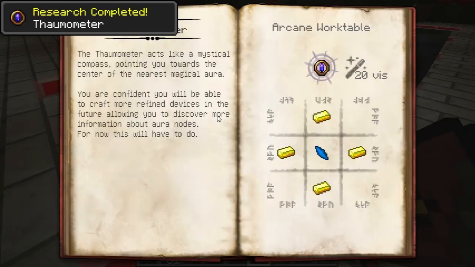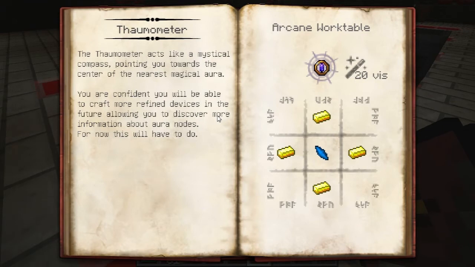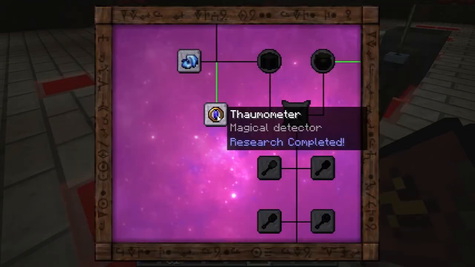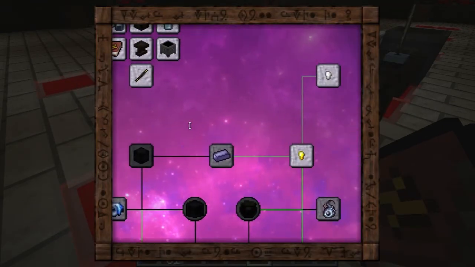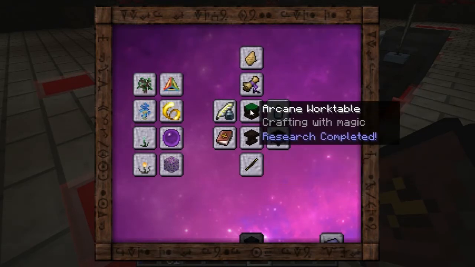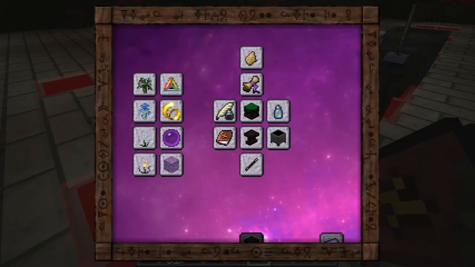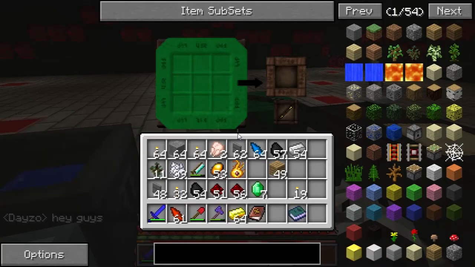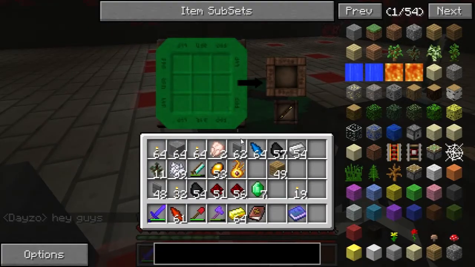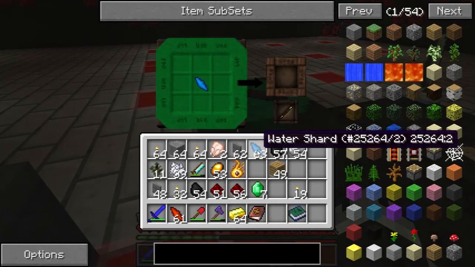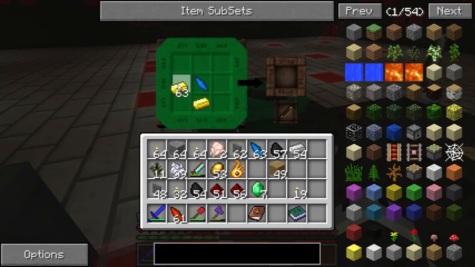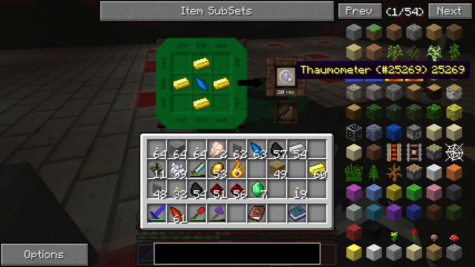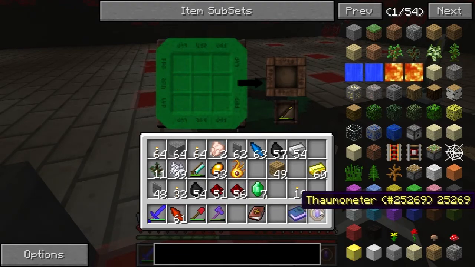Okay, so what is an arcane workbench? Is that something I missed? Oh, I need to make another table. Okay, Pazam! Okay, so my wand is in there, and let me try this. Let's get my gold and a thermometer.